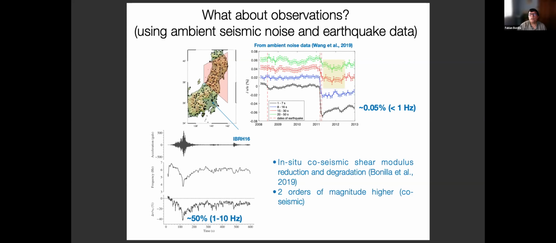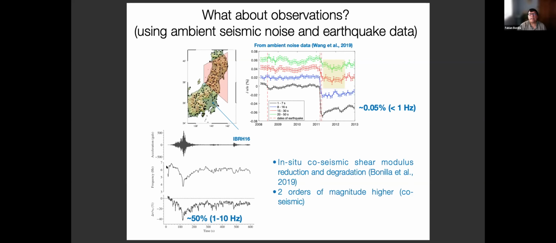Now, in 2019 also, we took advantage of the KiK-net stations that you have here, and we studied this particular station, and I'm going to show the characteristics later. Using not only cross-correlation, we correlate the station with itself, which is called the autocorrelation. And with the autocorrelation, you obtain a reflection seismogram at the free surface. This reflection seismogram allows us to study the velocity or the travel time between the surface and the first reflector at a given frequency band.